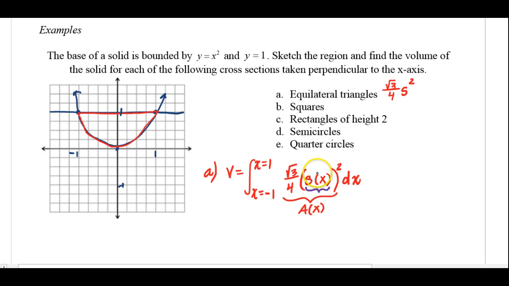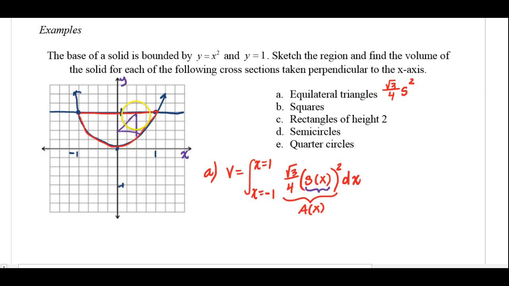So until we get pretty good at this, I would advise every single time drawing a little sketch of a particular cross section. So since my cross sections go vertically, here would be the base of my equilateral triangle. And it's sort of hard to imagine because, so here's my x-axis, here's my y-axis. This is supposed to be three-dimensional, so what I'm going to do is just draw it.